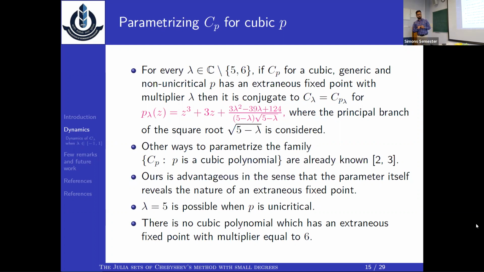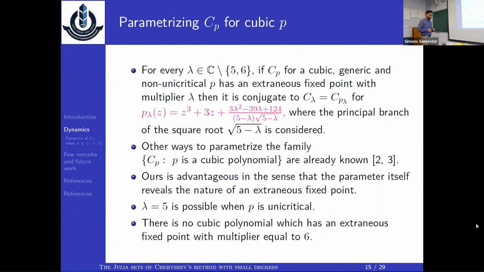So in this case, for any lambda, if the Chebyshev method has an extraneous fixed point with multiplier lambda, then this Chebyshev method will be conjugate to the Chebyshev method applied to this polynomial. So the parameter lambda is actually the multiplier of an extraneous fixed point of CP, the Chebyshev method applied to P.